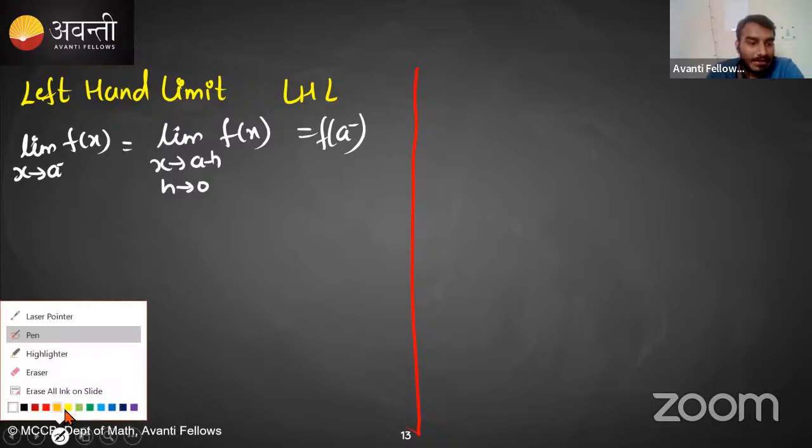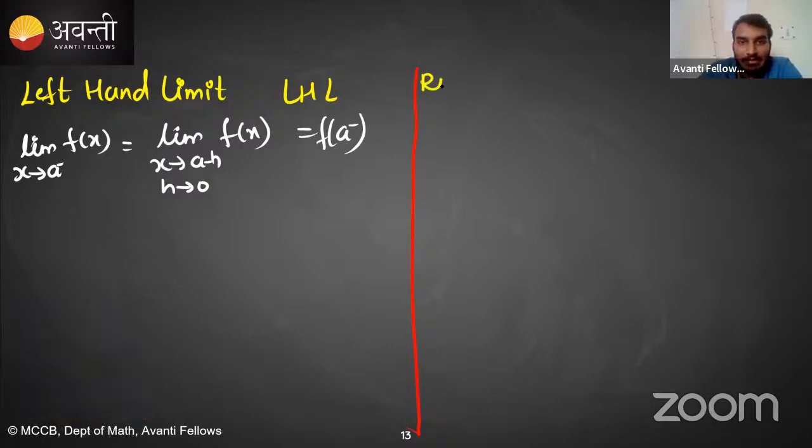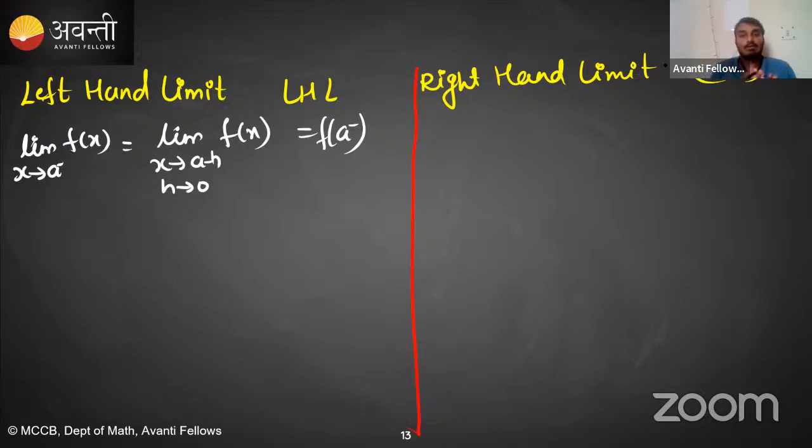Similarly, what is right hand limit? Right hand limit definition should be clear. What does right hand limit mean? The value of a function when we approach x is equal to a from the right hand side.